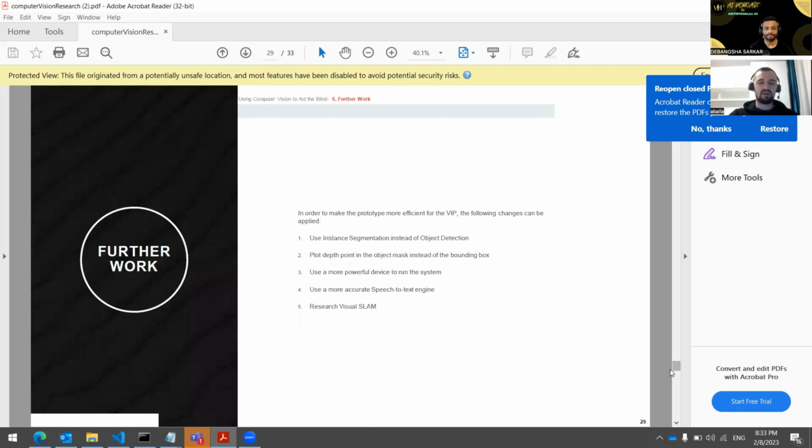Before I wrap up, I just want to say that in order to make the prototype more efficient for the visually impaired person, the following changes can be applied.